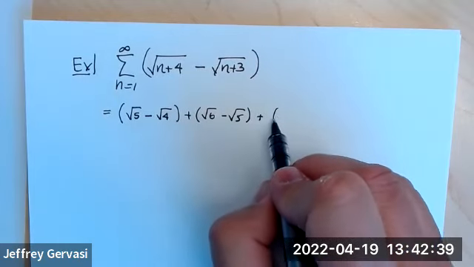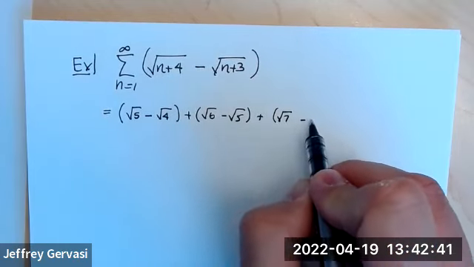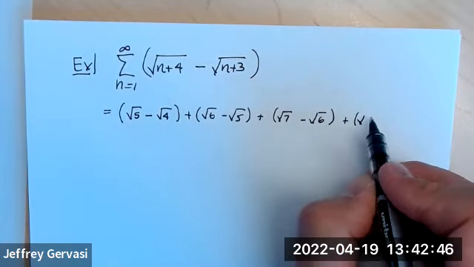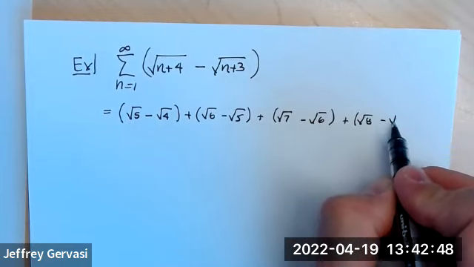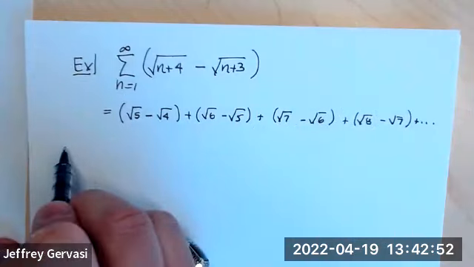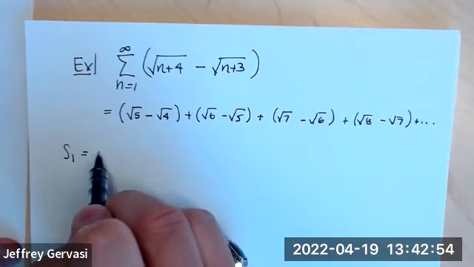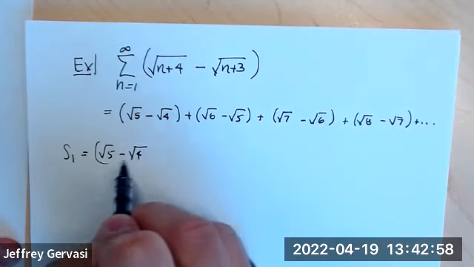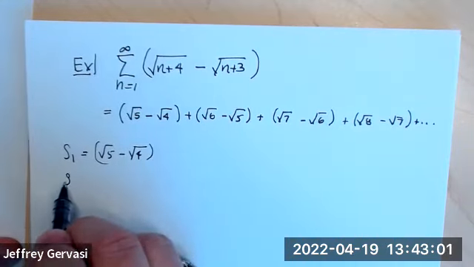So this is a little bit different. The examples that we've seen before, we were using rational expressions, but I mean, you don't have to use those. Okay. Now, the first partial sum is the square root of 5 minus the square root of 4. Second partial sum.